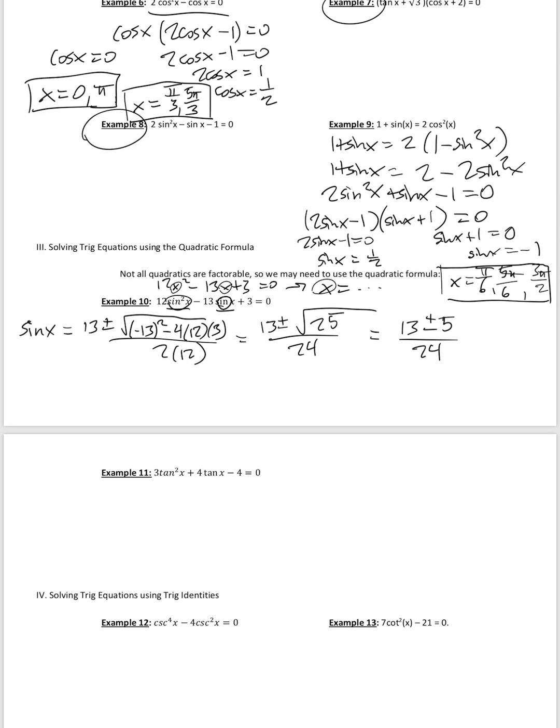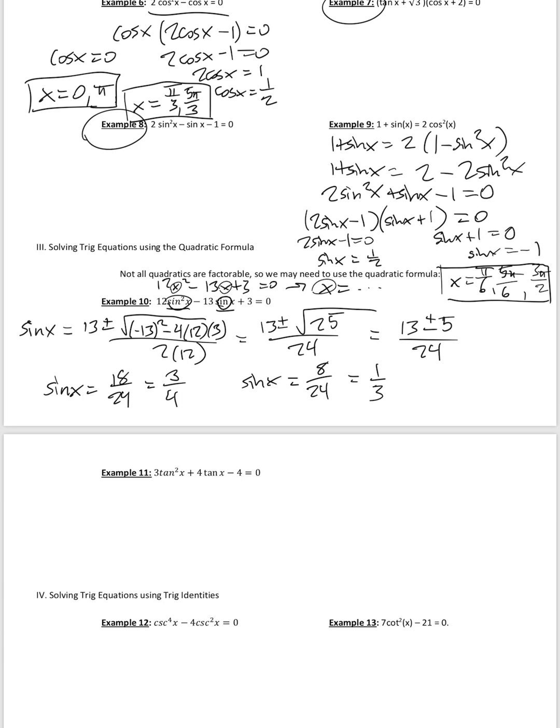So if I write those two solutions separately, the sine of x equals either 18 over 24, which I can reduce to 3 over 4, or the sine of x equals 8 over 24, which reduces to 1/3.